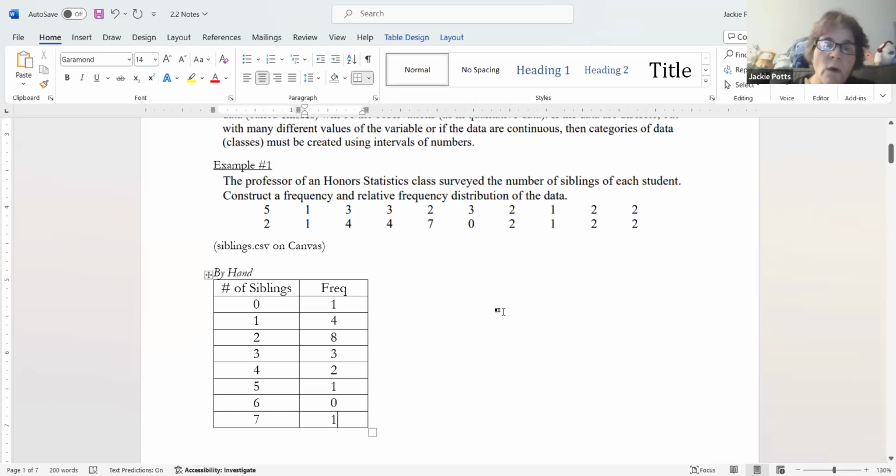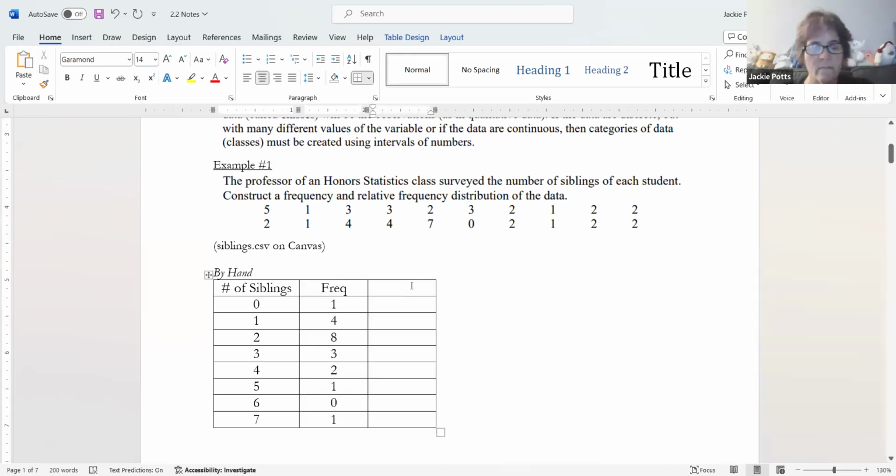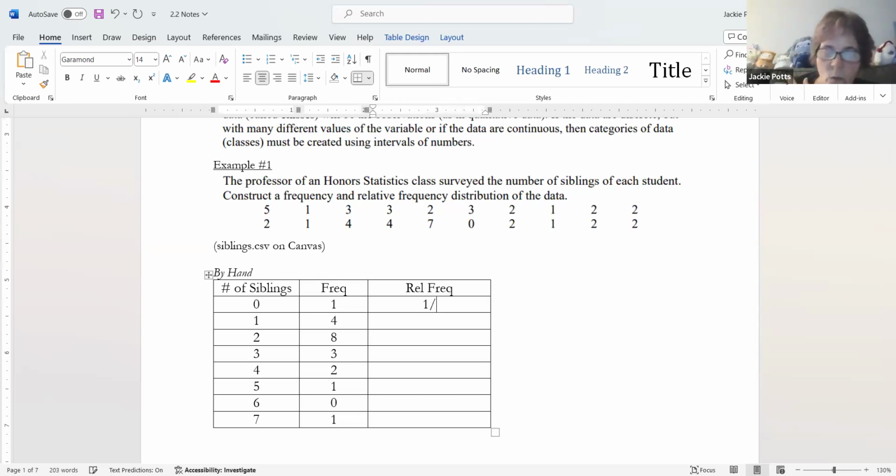All right. But we want a frequency and a relative frequency. So remember how we did the relative frequency. Well, relative frequency, we take 1 divided by the grand total and then get the decimal. Well, these are all going to be even. So normally I say take it to 3 decimals.